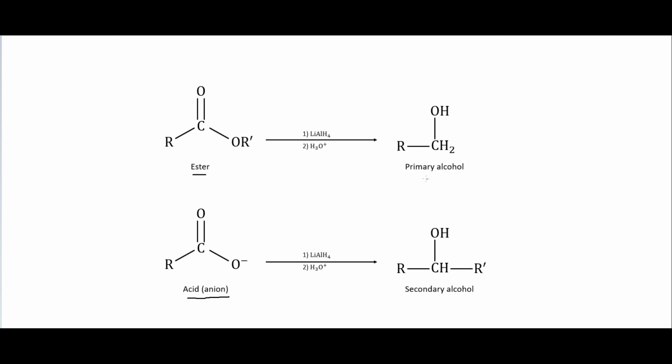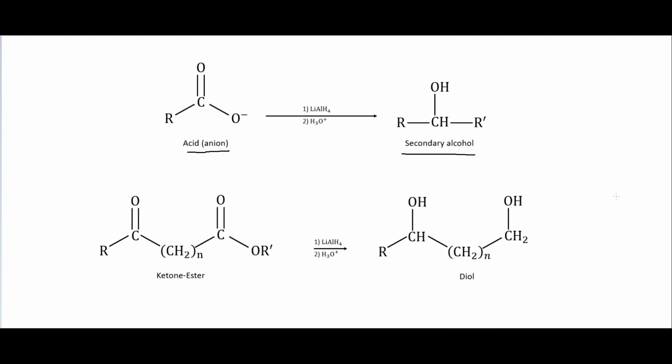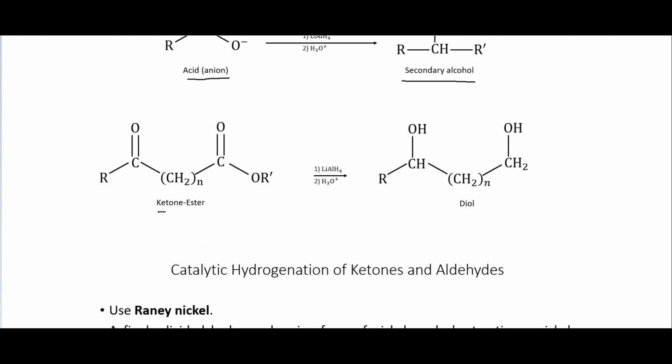With the ester, we will end up with a primary alcohol. With the carboxylic acid, we end up with a secondary alcohol when we use the lithium aluminum hydride. If we did this on our ketone ester here, we would end up reducing both the ketone to this secondary alcohol right here, and our ester to this primary alcohol right here.